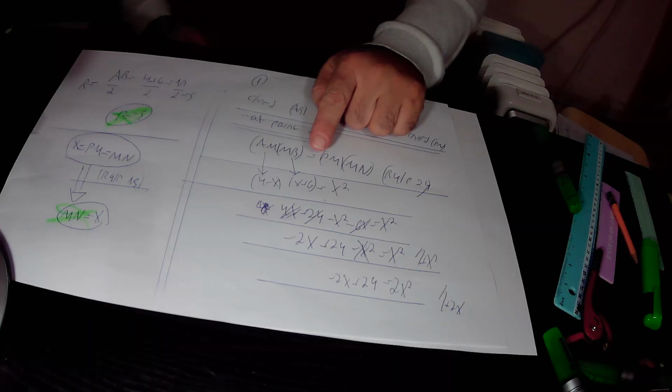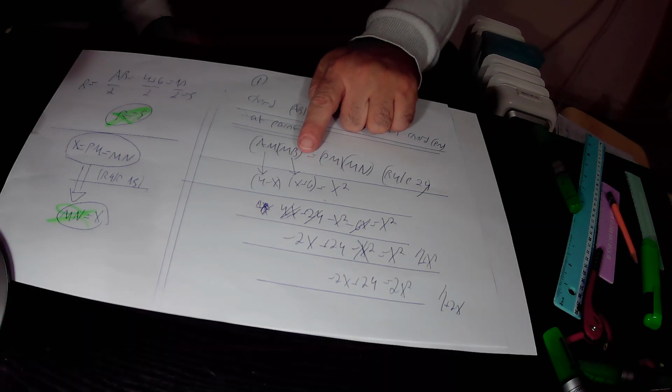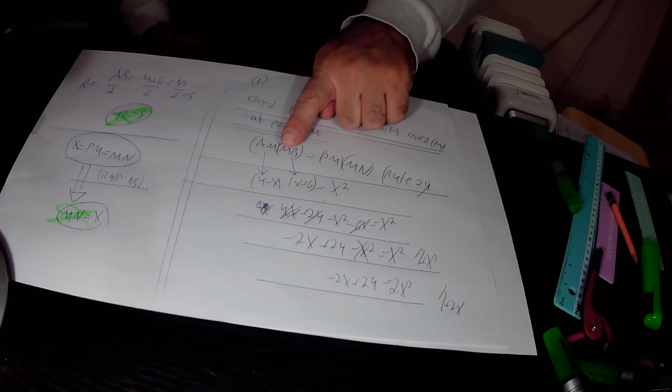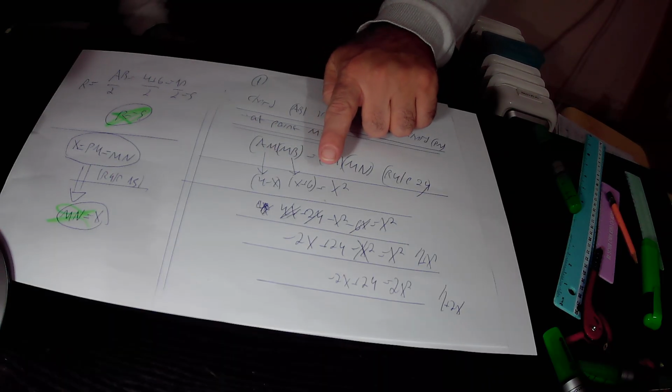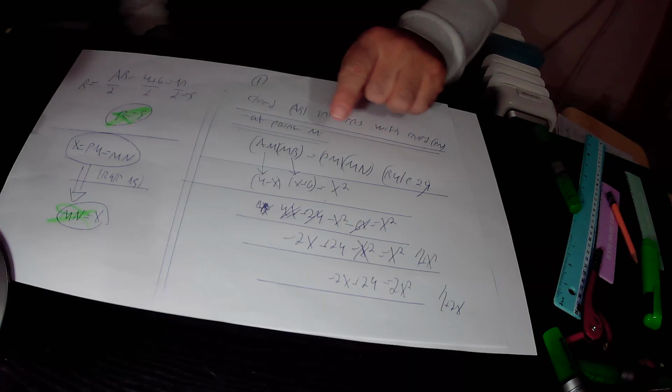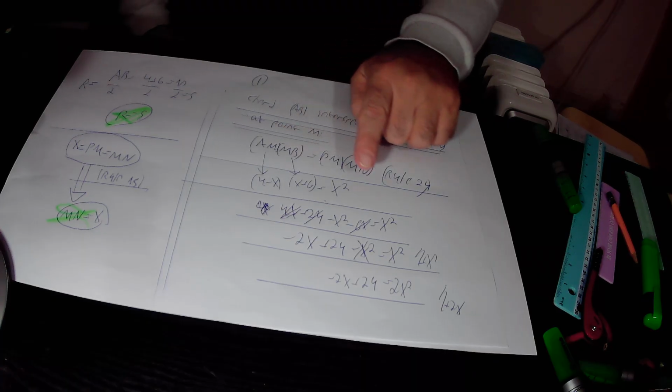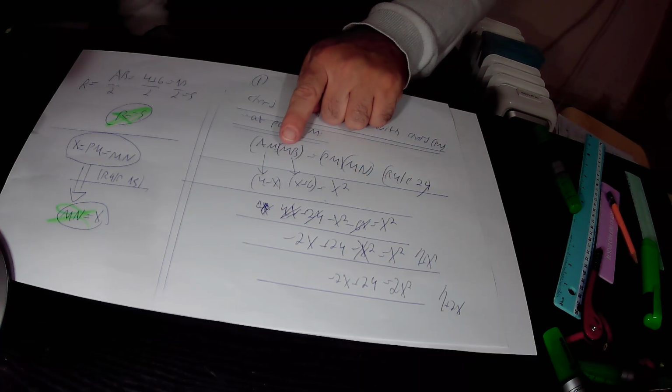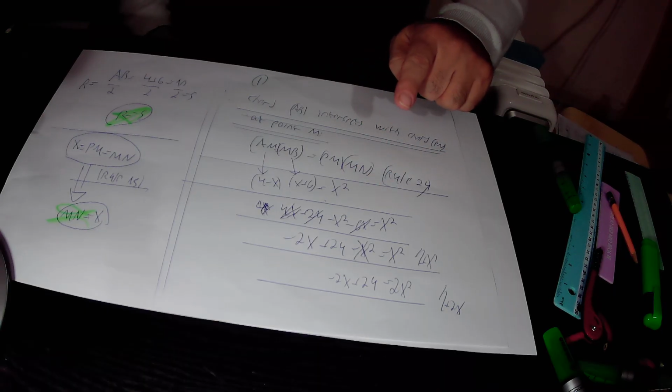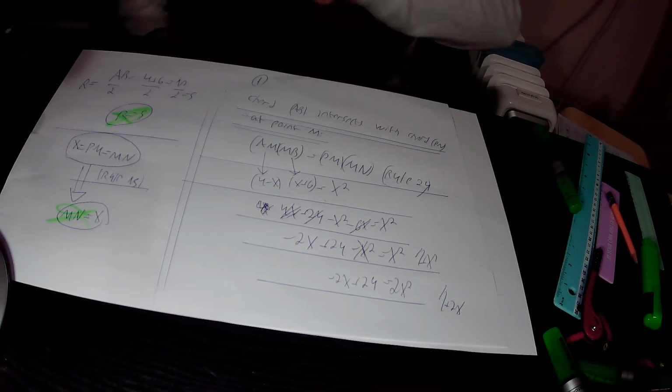Here we open the brackets on this side of the equation, and we found out that 4 times x is 4x, 4 times 6 is 24, and we have minus x times x is minus x squared, and also minus x times 6 is minus 6x, equals x squared.